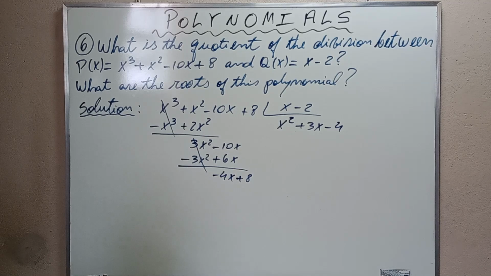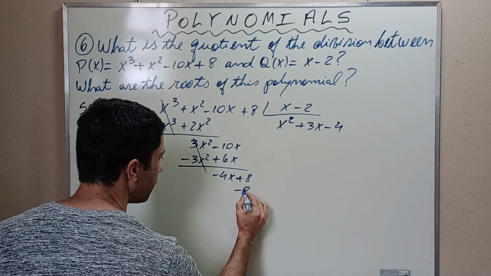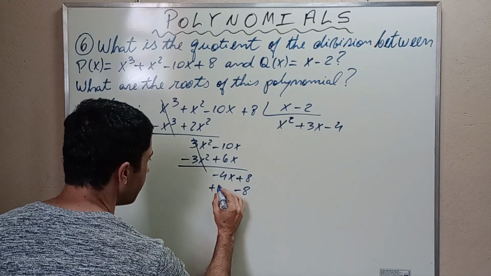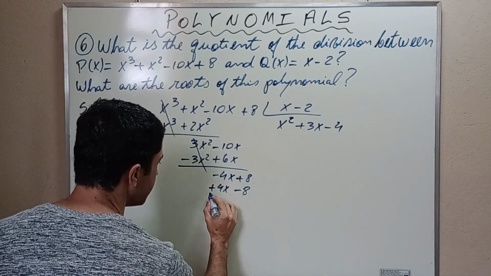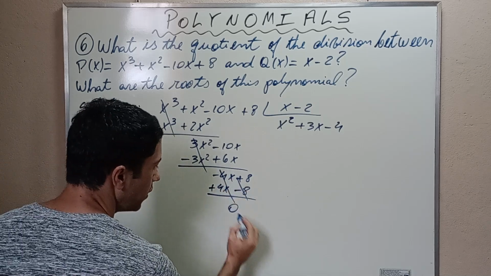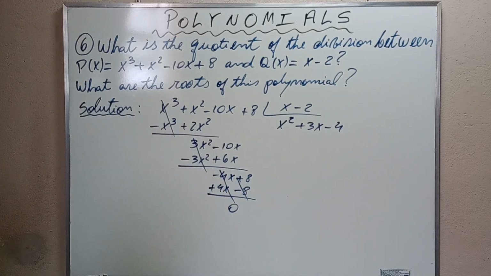Okay? Negative 4 times negative 2 is positive 8. I pass negative 8. Negative 4 times x is negative 4x. I pass positive 4x. They cancel each other out, and the remainder is 0, okay?